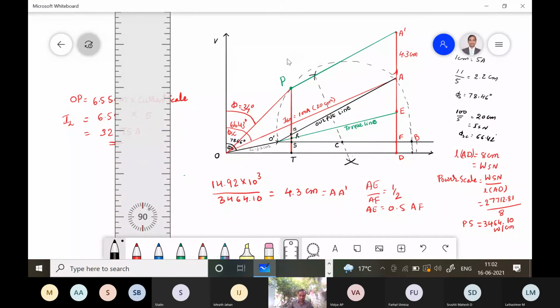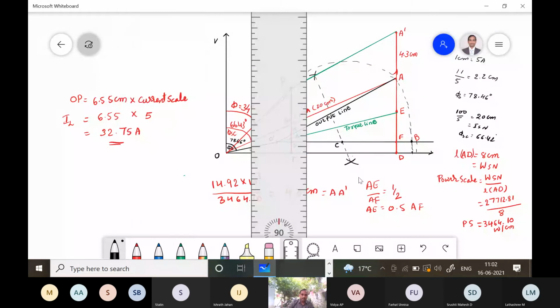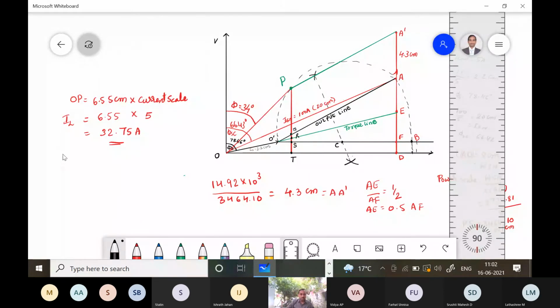So calculate the slip. Slip is equal to QR by PR. Measure QR distance and PR distance. That is rotor copper loss by rotor input.